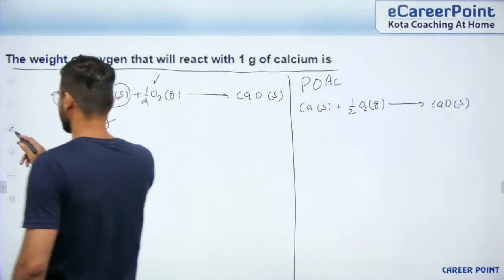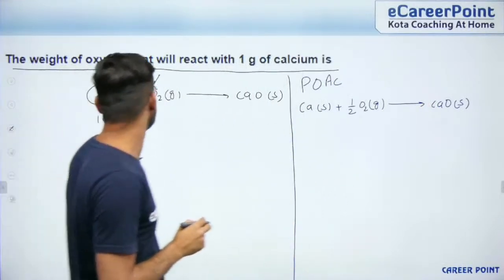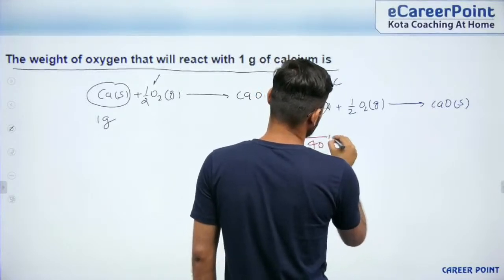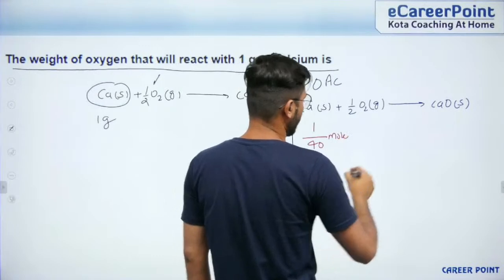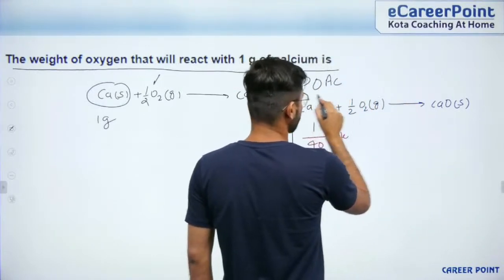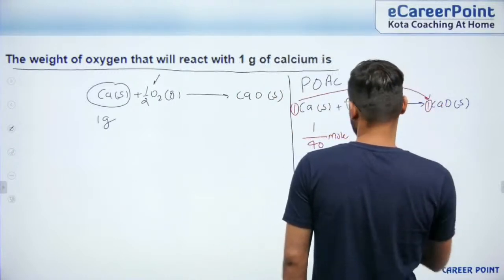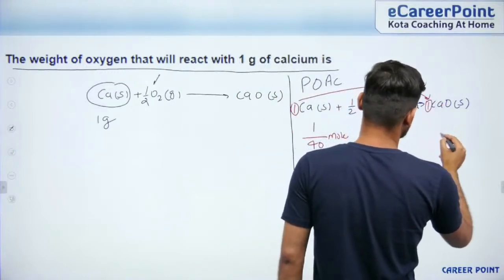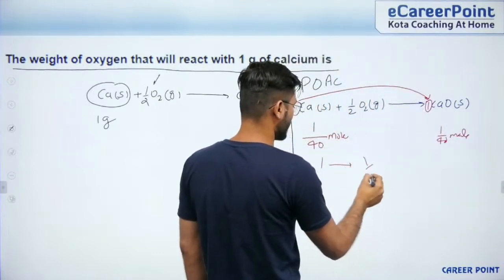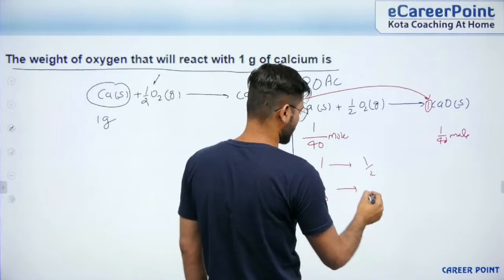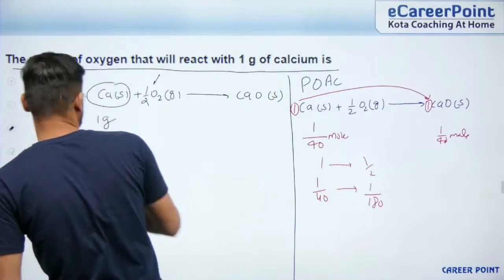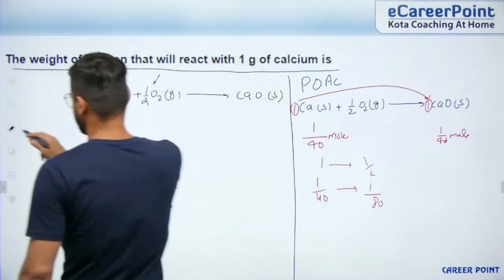You can write the number of moles: 1 gram, 1 divided by 40 mole, and we need to calculate the moles of this. So 1 mole of calcium is going to form 1 mole of calcium oxide. So 1 by 40 is going to make 1 by 40 mole of this. 1 mole of this requires half mole of O2, so 1 by 40 mole of this requires 1 by 80 mole of oxygen.